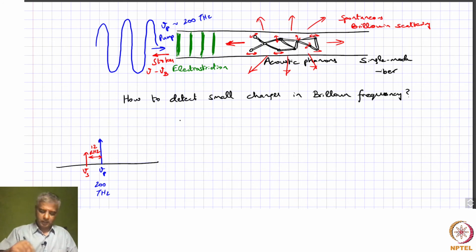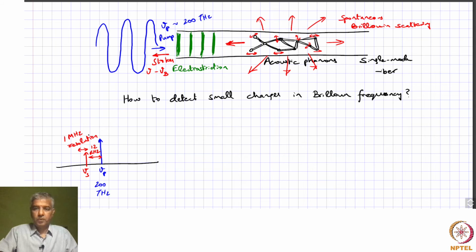To use it as a sensor, we are looking at changes in that frequency, and the change that we want to get is on the order of 1 megahertz resolution. I mean, smaller the better, but you will be happy if you can pick up changes with 1 megahertz resolution. Okay. So how can you possibly do that?